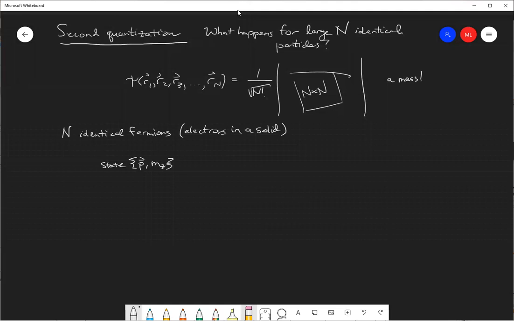So again, what will happen due to Pauli exclusion is that if you have n identical fermions, like in a gas, they'll start occupying all the different states, so different possible momenta and spin, starting with the lowest. So it sort of depends on the temperature, of course, but the idea is that they'll want to go to the lowest possible energy state, but they can't all occupy that lowest energy state.